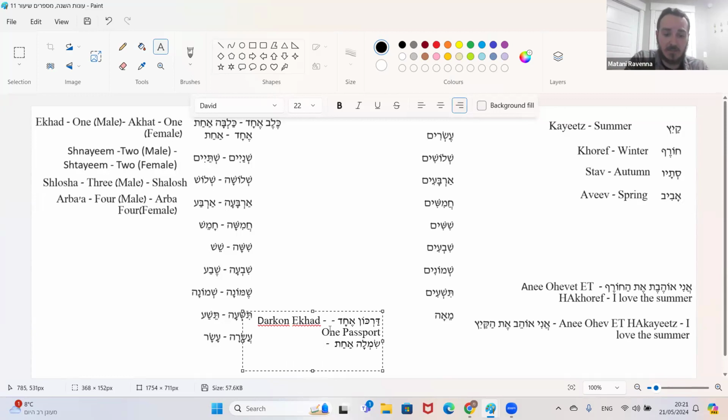So simla achat, one dress. When pluralizing, we will also go by the noun. So darkon is male, darkonim, passports. Simla achat, 1 dress. Smalot, dresses.